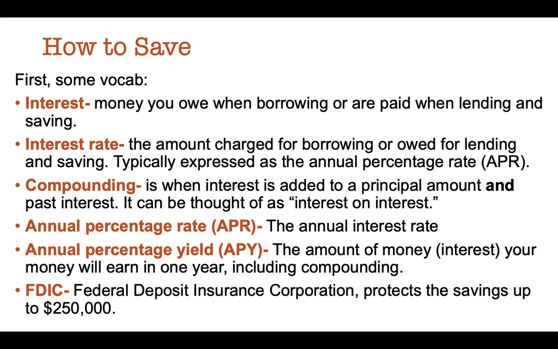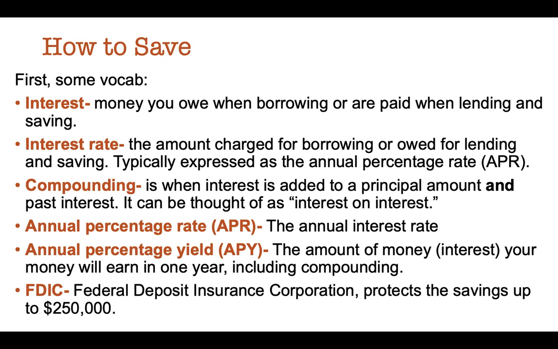FDIC stands for Federal Deposit Insurance Corporation. It's a federal program that protects the deposits of savers up to $250,000 per institution and per account type. So this is why I distinguish saving from investing. Saving is virtually risk-free, with the exception of the FDIC going bankrupt.